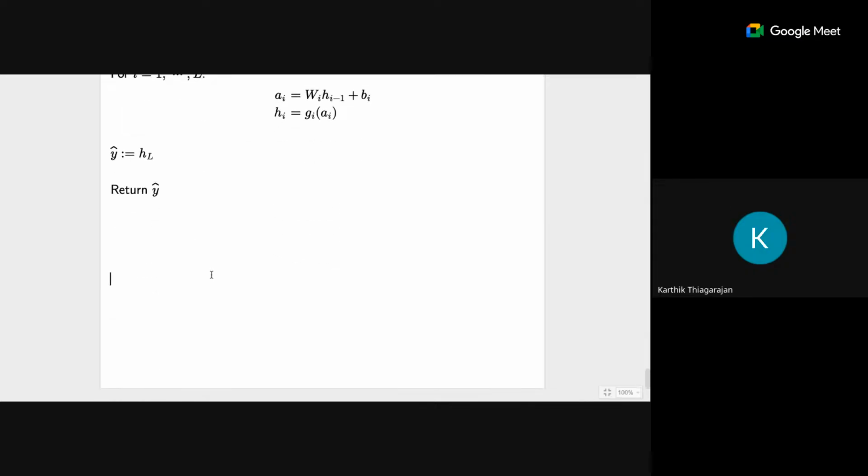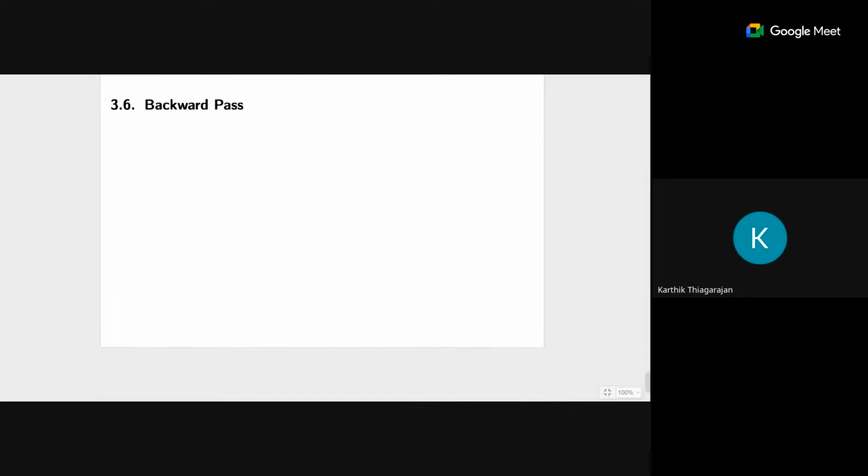Now the backward pass is the big thing. So what really happens in the backward pass? Computing gradients. Yes. See, what is the goal?